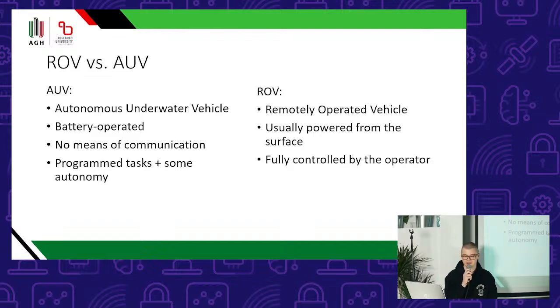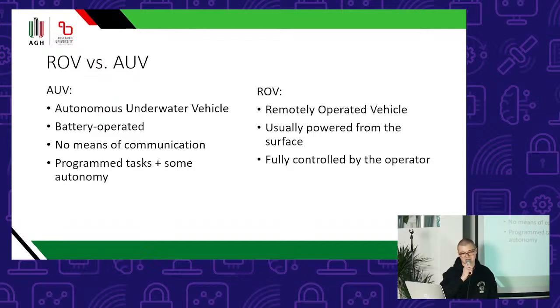They have some AI algorithms built in. They also have some sensors, some cameras, and they have some tasks programmed in first, of course. There is an operator, a programmer that programs some tasks, some initial input to the robot, then the robot is thrown into the water and it must do the tasks completely by itself.